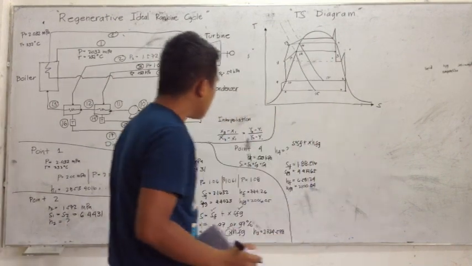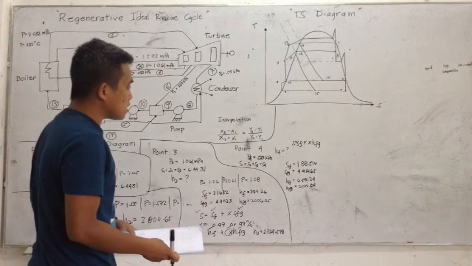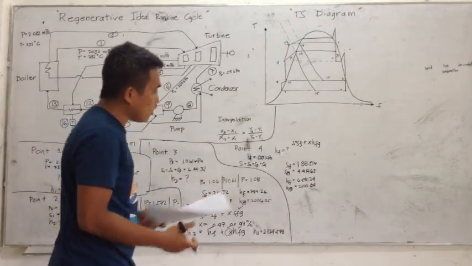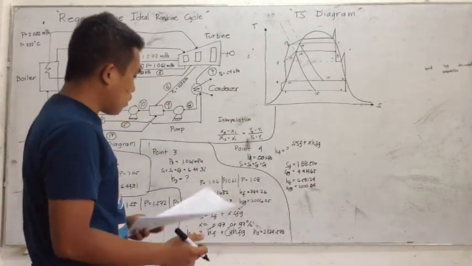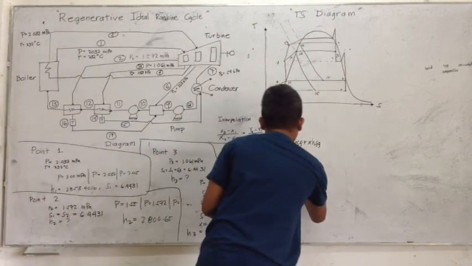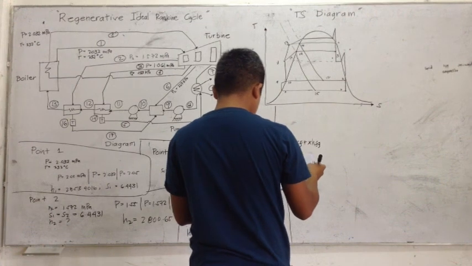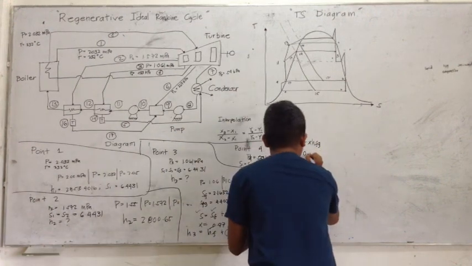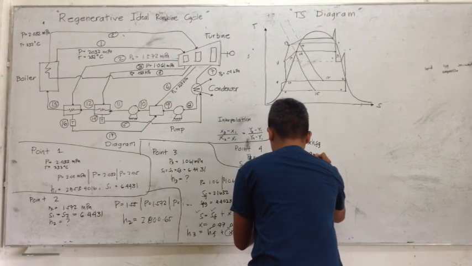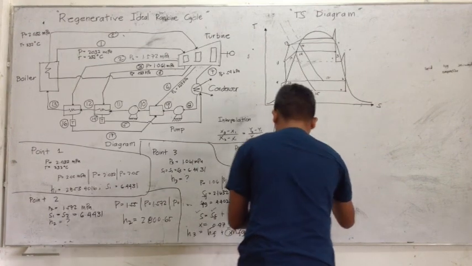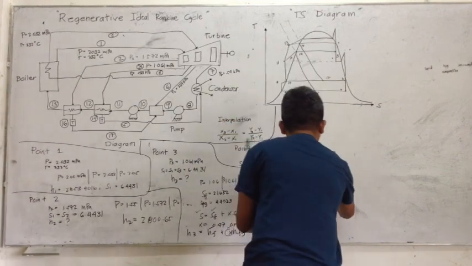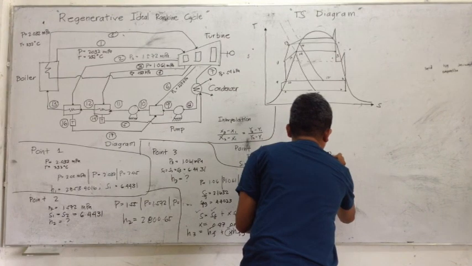Directly substituting the given numbers in our formula, we get the quality of X, which is 0.927, or 92.7%.